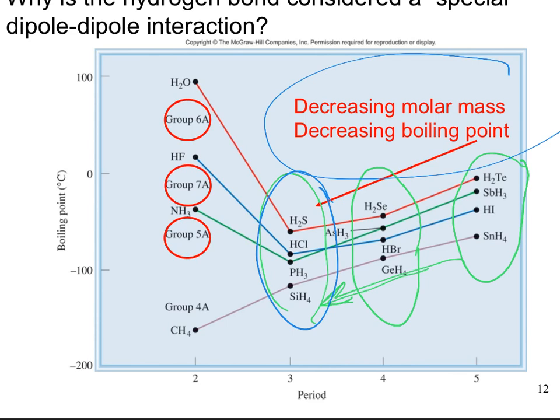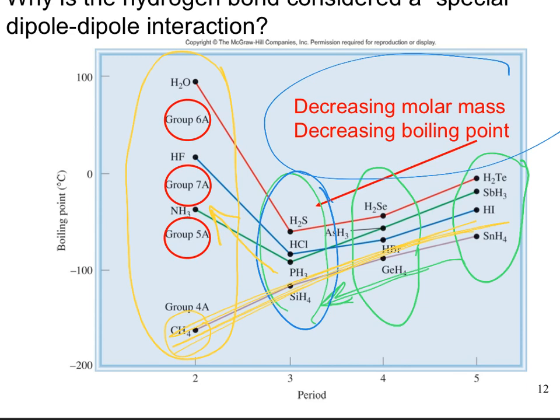However, then they got to this group right here, and they saw a huge shift up for NH3, HF, and H2O. But CH4 continued on its way in the direction we would expect. And they're going, okay, what is going on?